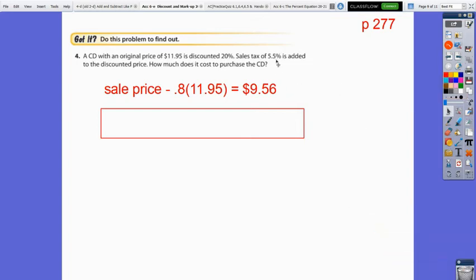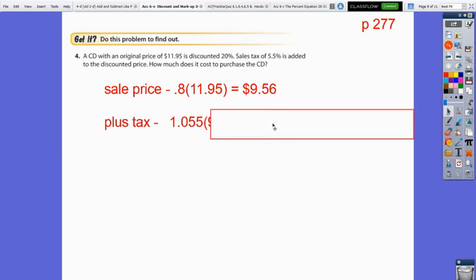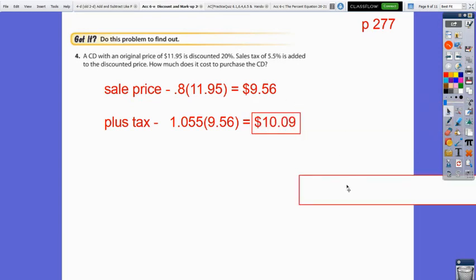Then you pay the sales tax on top of that, 5.5% of 9.56. And we're going to do that in one step also. So we're going to multiply by 1.055, 5.5% plus 100% as a decimal. And that comes out to $10.09. So hopefully you got that.